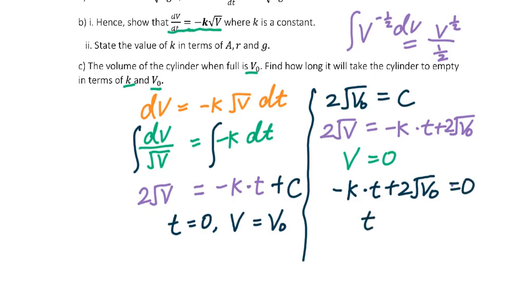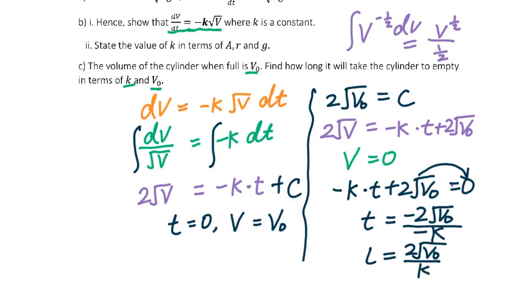Moving across the equal sign, you get negative 2 square root of V0, then you divide by negative k. Organize, and you will get t equals 2 square root of V0 over k. This will be t. So after these seconds, the cylinder will be empty.